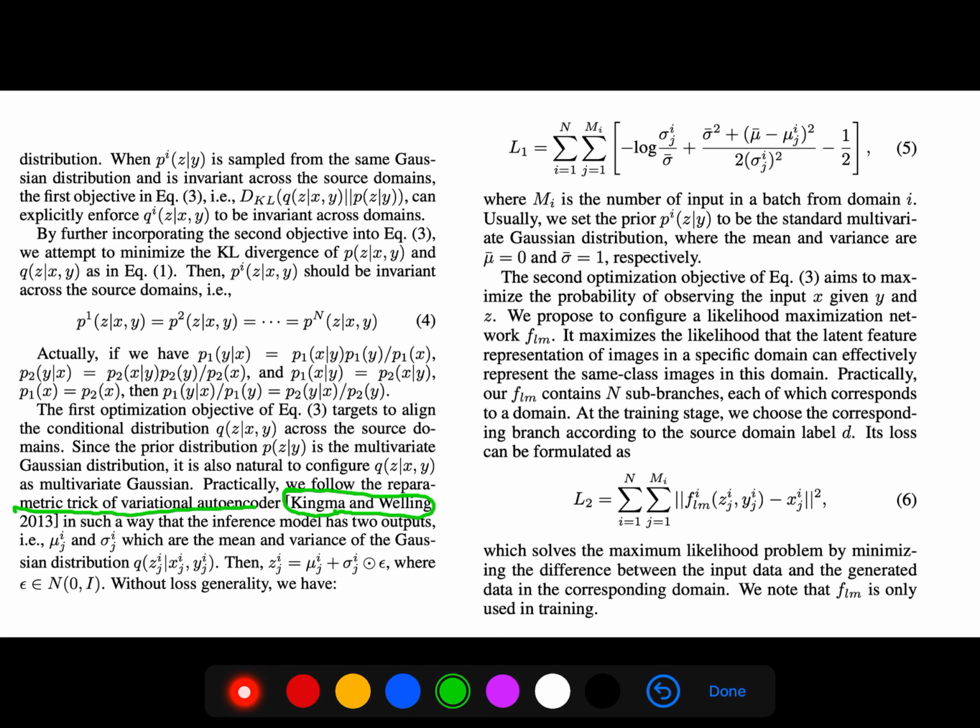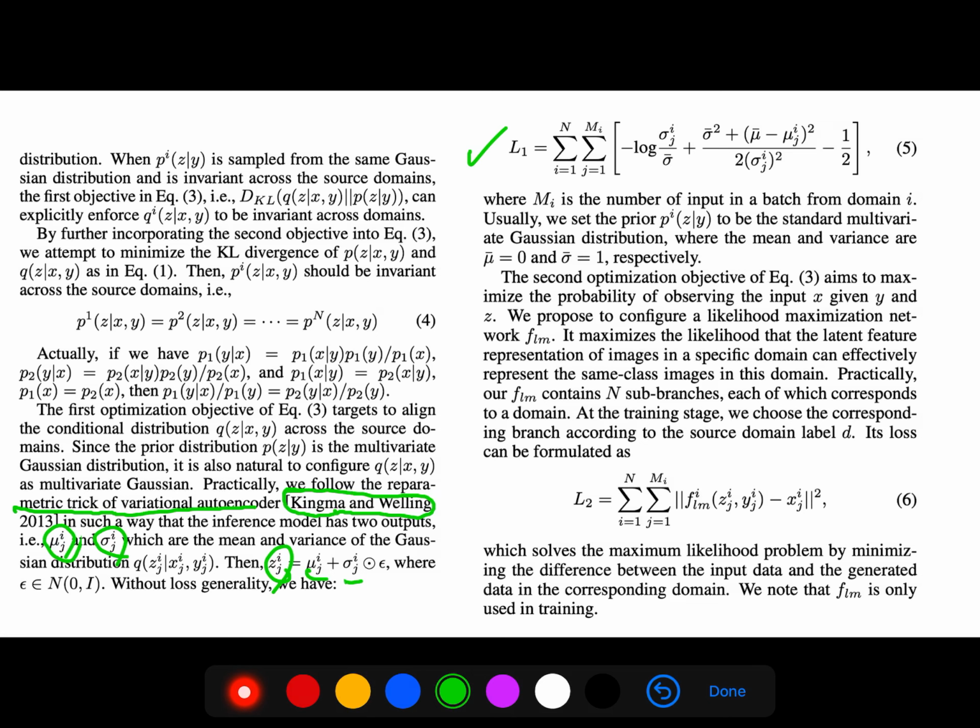They followed that in such a way that the inference model has two outputs, mu sub j and sigma sub j, which are the mean and variance of the Gaussian distribution. Because this is the mean and this is the variance, then you get the latent variable. So the loss is as simple as this.